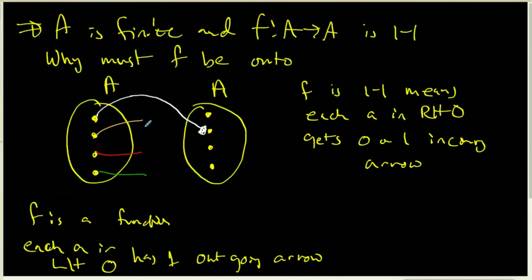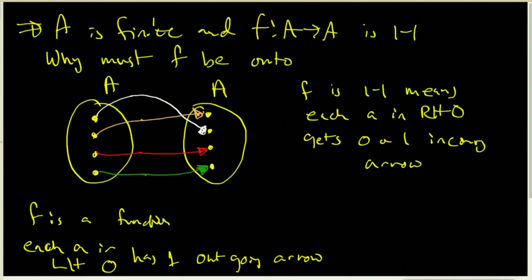So our second one, I'm going to make my life easier. The second one's just going to land there. The third arrow is going to land there. And what I want to notice is that that fourth arrow is going to have to cover the very last thing. The fact that the two circles have the same number of dots and that none of these arrows can pile up and leave somebody empty is going to force the idea that there's nobody left uncovered.